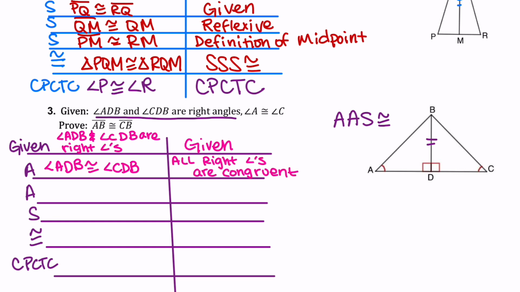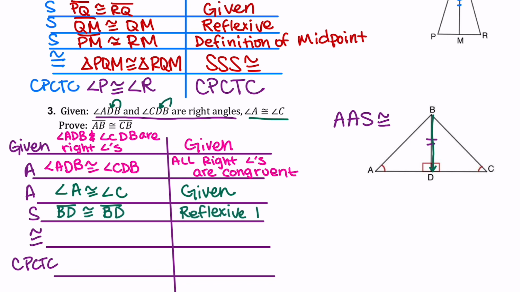My next piece would be my other angle, and that's just a part of the given information. Angle A is congruent to angle C. And the reason for that is just given. Okay, now we have our side. BD is going to be congruent to BD, and that's by the reflexive property.